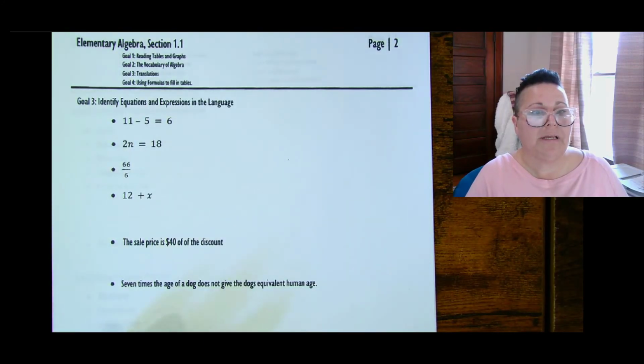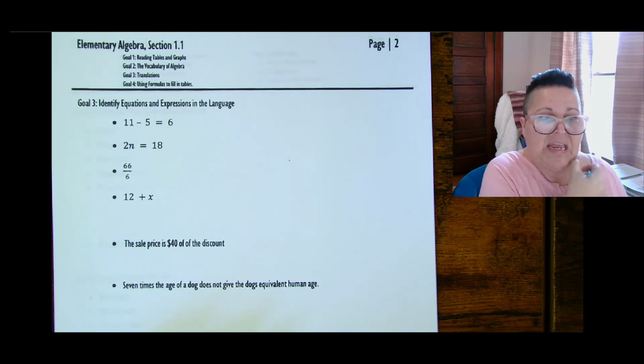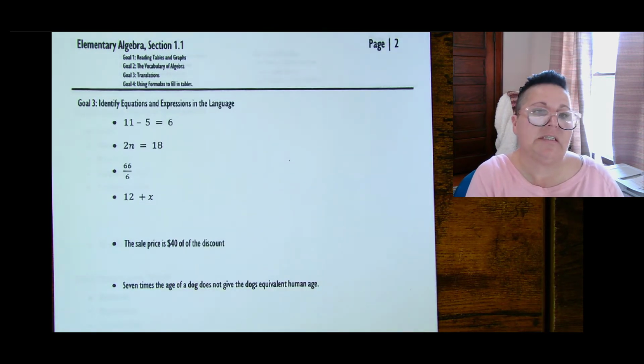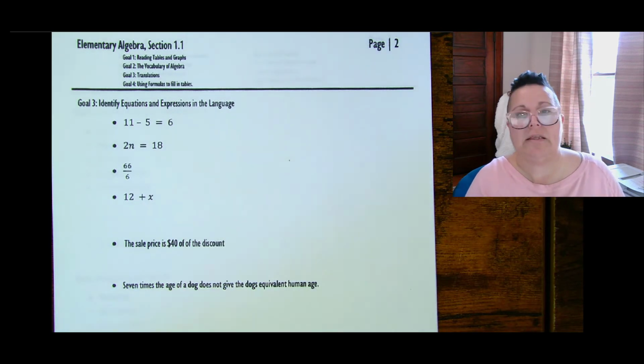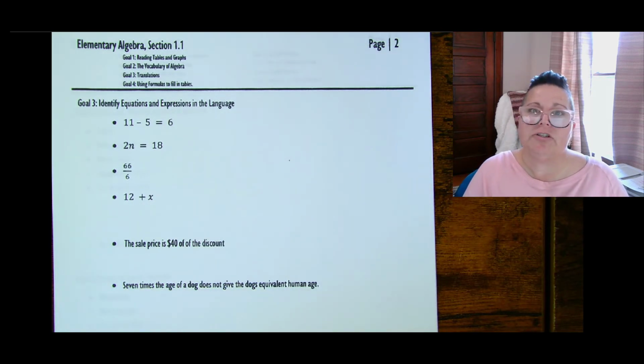The third goal in section 1.1 is to identify the equations and expressions in the language of algebra. So the idea here is that when you are given a problem or a mathematical statement, such as listed in this first one, can you say this or write this using language?